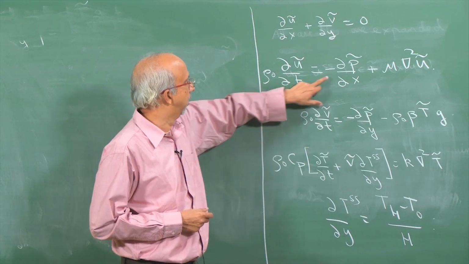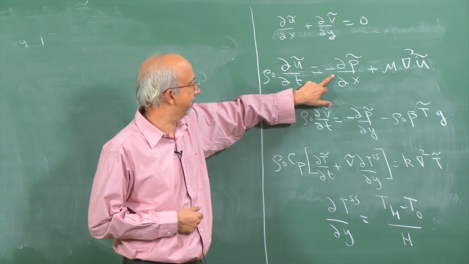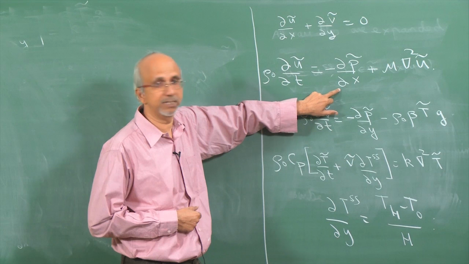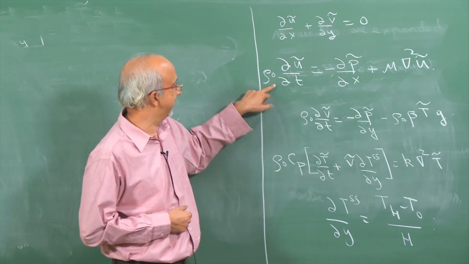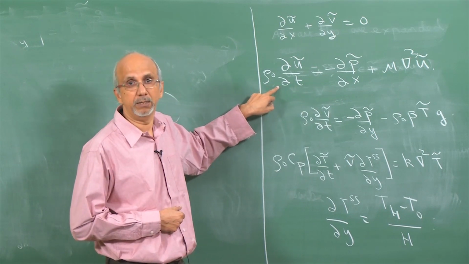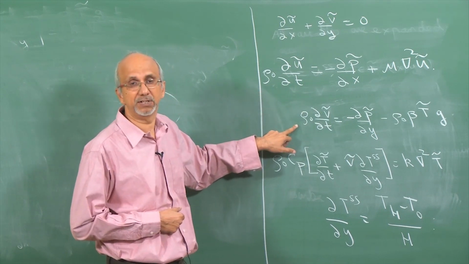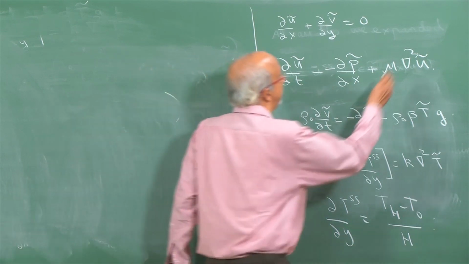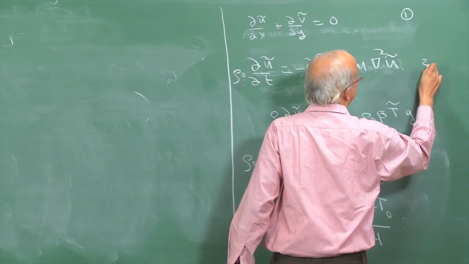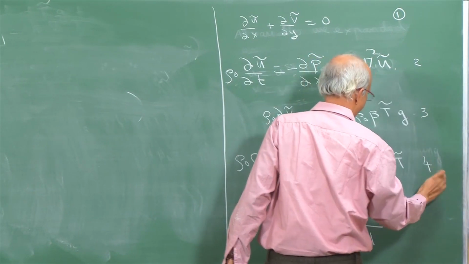I am going to realize that this depends on the partial with respect to x and this depends on the partial with respect to y. I am going to differentiate this equation with respect to y, I am going to differentiate this equation with respect to x, and subtract. So, let me number these equations. So, this is 1, this is 2, this is 3 and this is 4.